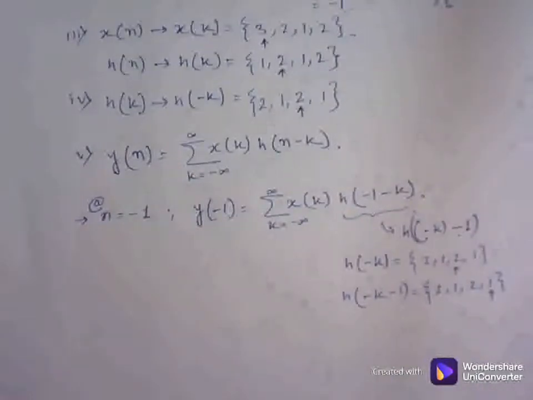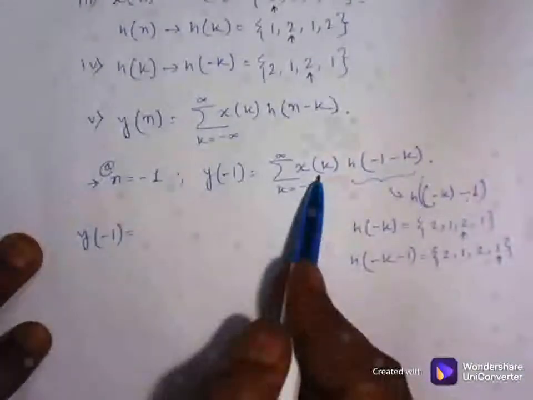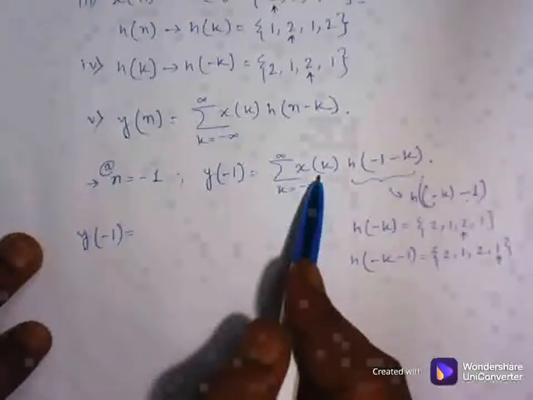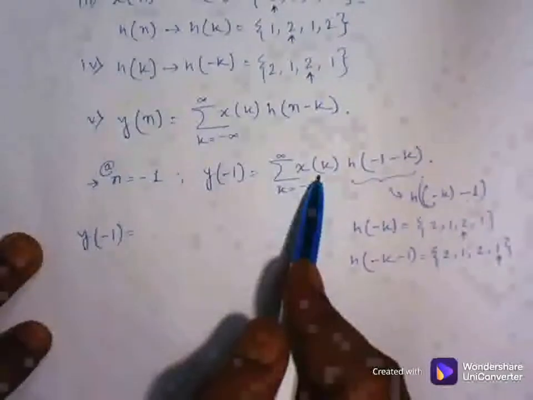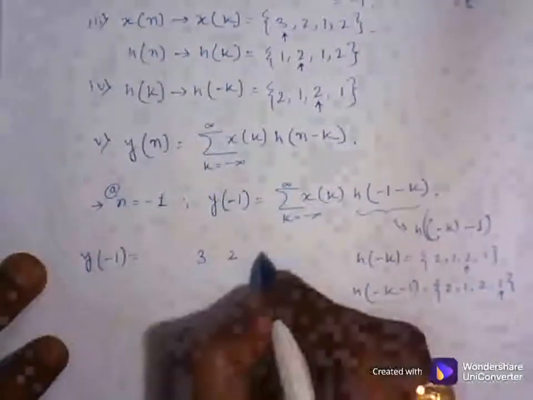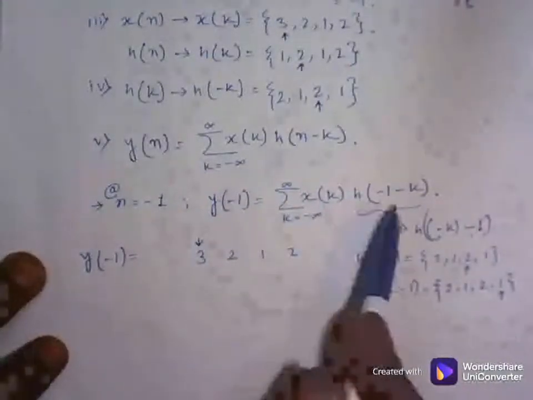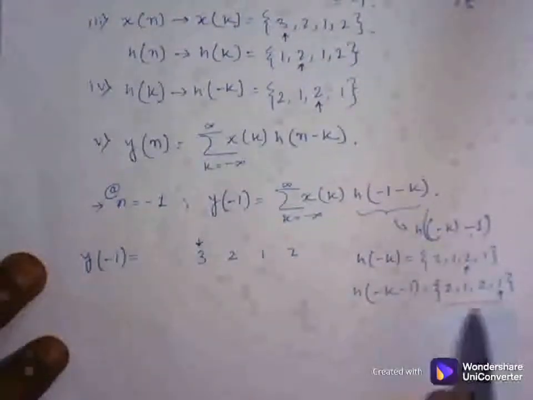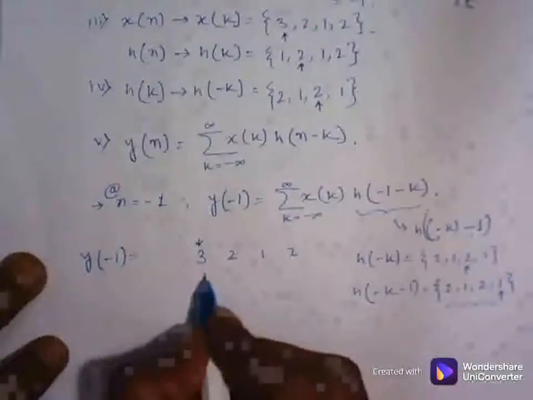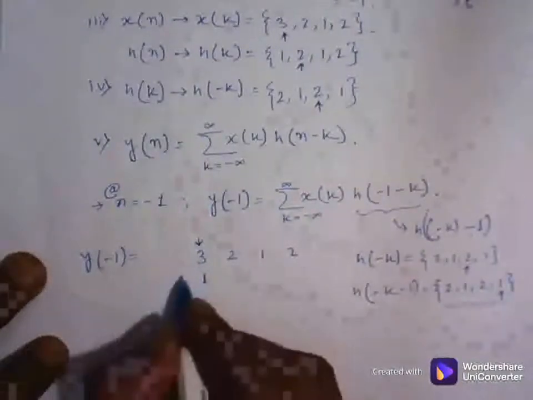Now y of minus 1 will be x of k, which is 3 2 1 2, with the origin at the 0th position, times h of minus 1 minus k, which is 2 1 2 1, with the values on the left-hand side of the origin.